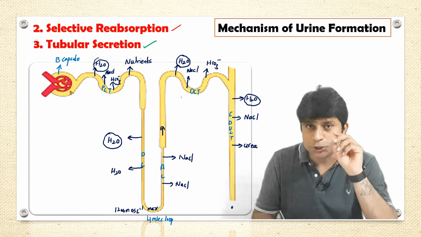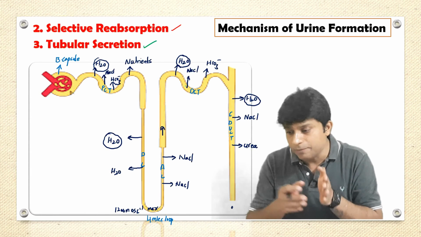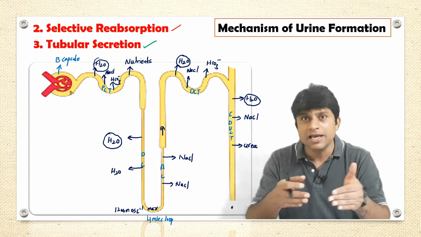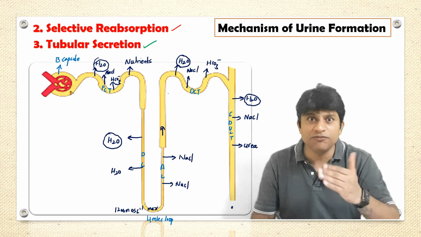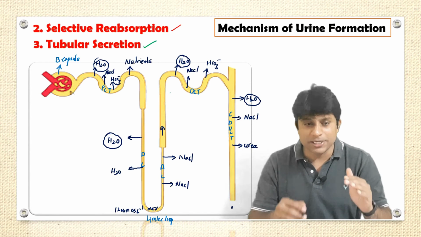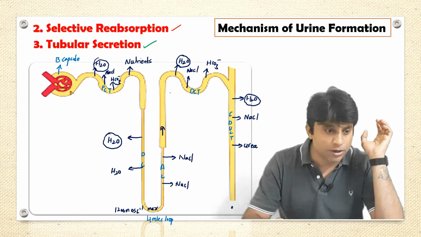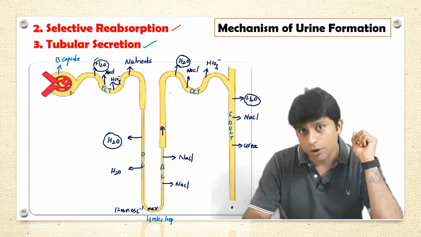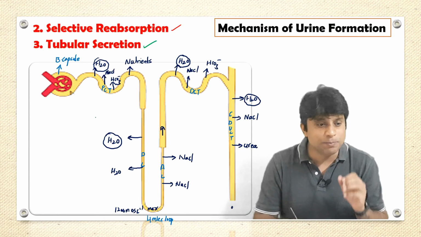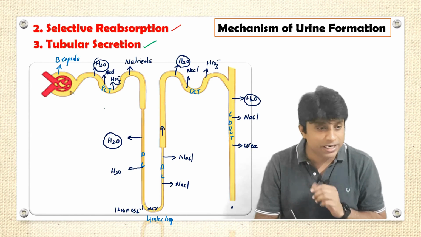So remember, tubular secretion is to maintain water and ionic balance, or I can say acid-base balance. This is what you call tubular secretion, or this can also be called augmentation. So let us see in which parts of the nephron tubular secretion occurs.